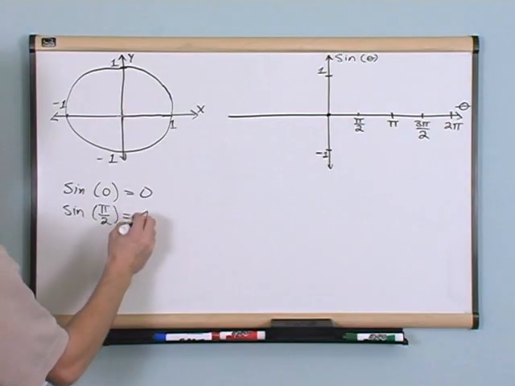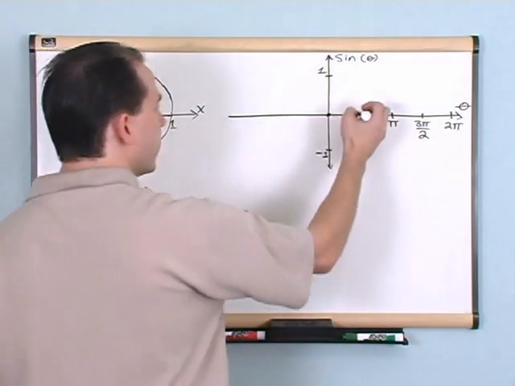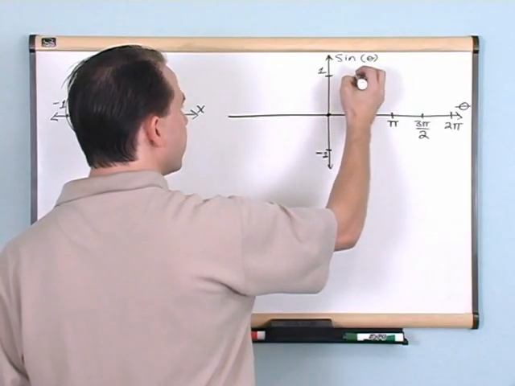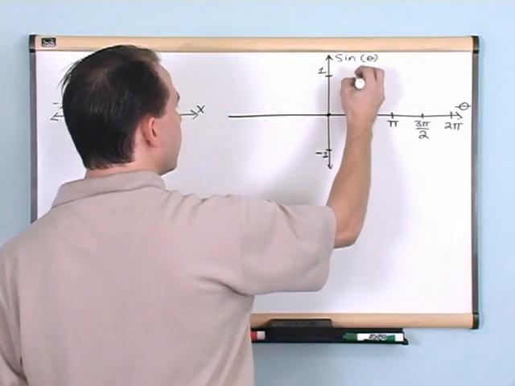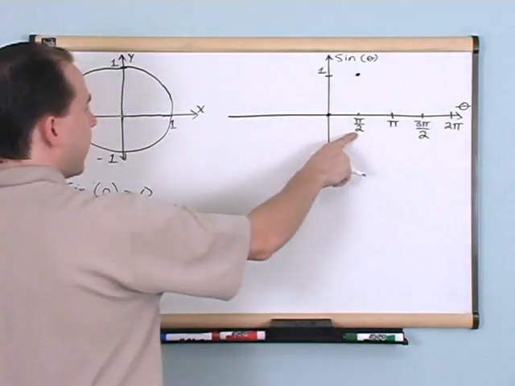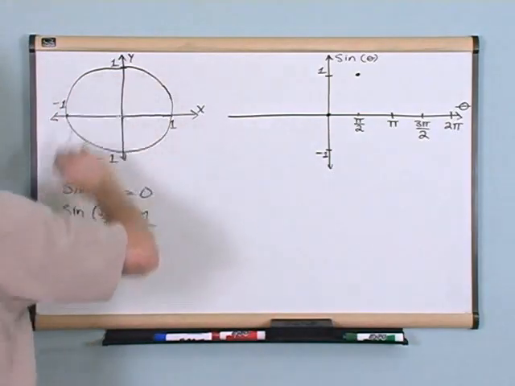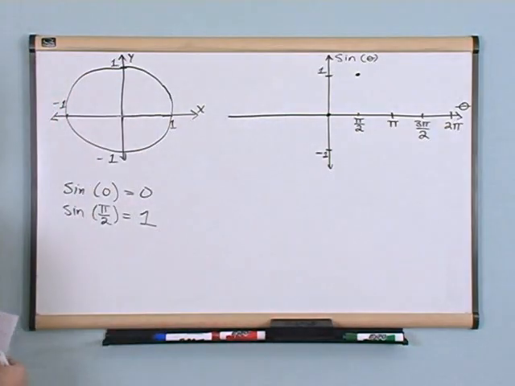So the sine of pi over 2, as we learned before, is equal to 1. So I'm going to go to pi over 2 and put a dot right here, because I know at pi over 2, the sine of pi over 2 is just equal to 1.